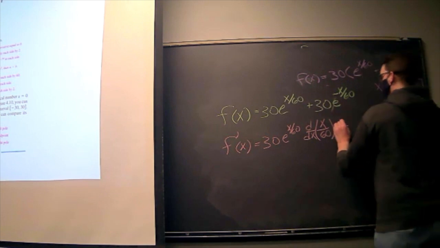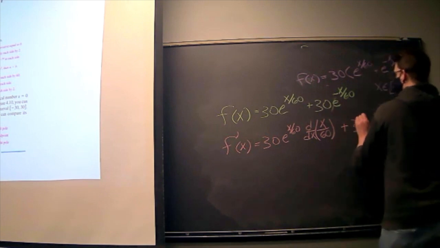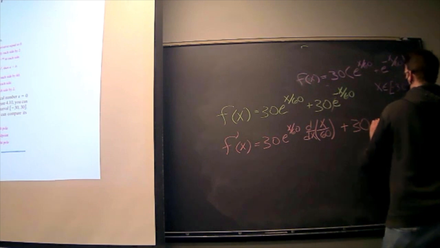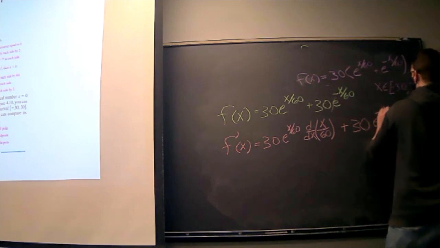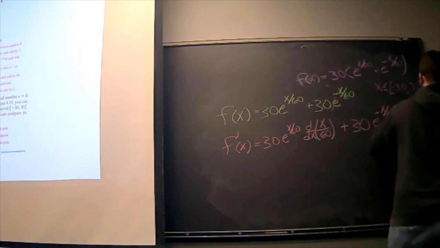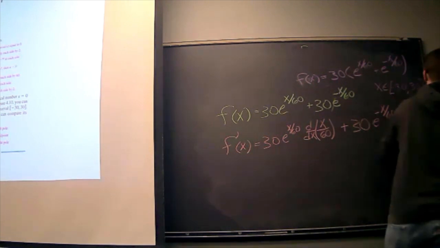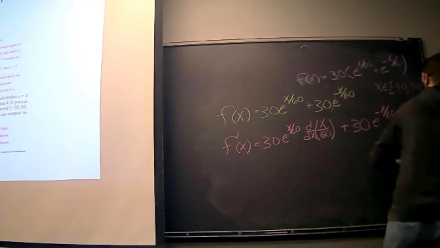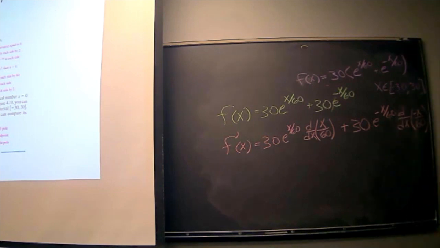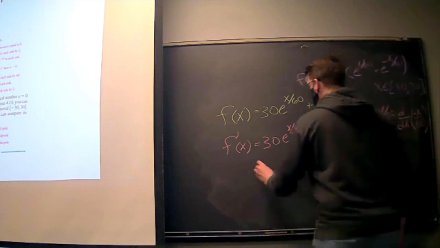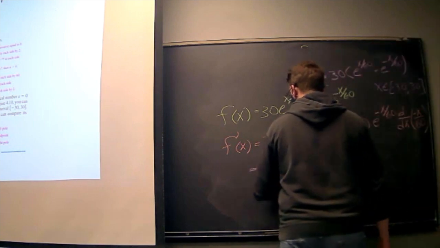Plus 30 e to the negative x over 60 times the derivative of negative x over 60. So this is going to reduce. We're going to get 30.